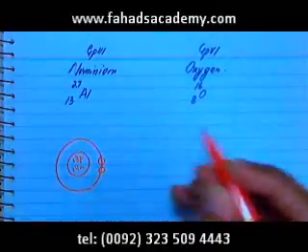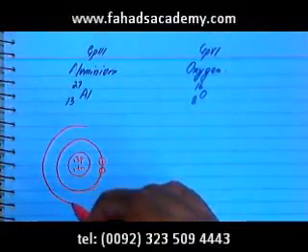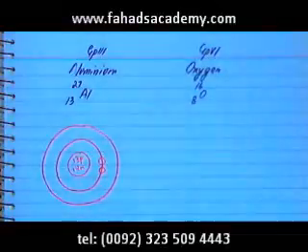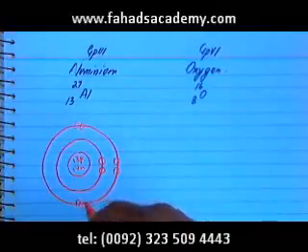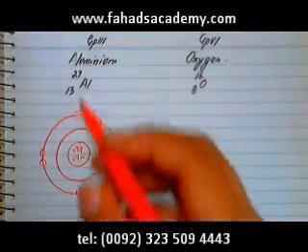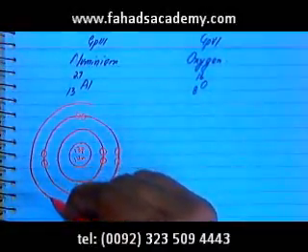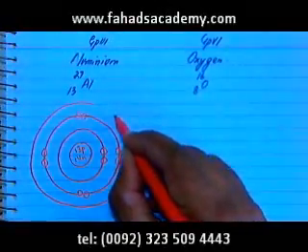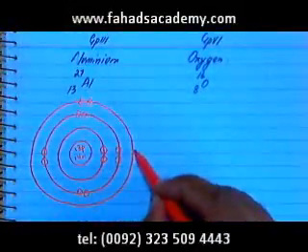The first shell has 2 electrons, the second shell has 8 electrons, and because there are a total of 13 electrons, the last shell is going to have 3 electrons.